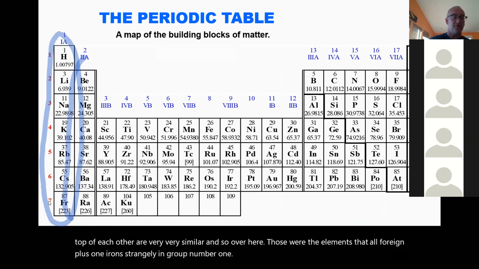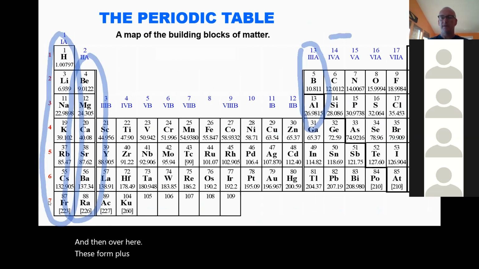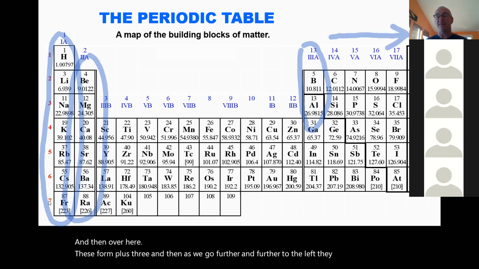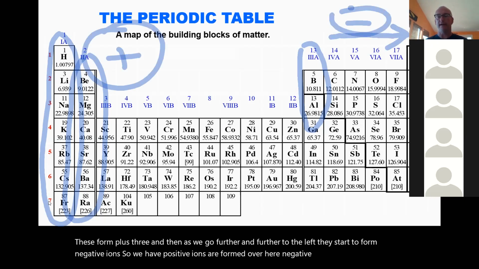All of these elements form +2 ions, interestingly, in group number 2. And then over here, these form +3. And as we go further to the left, they start to form negative ions. So positive ions are formed over here, negative ions are formed over here.